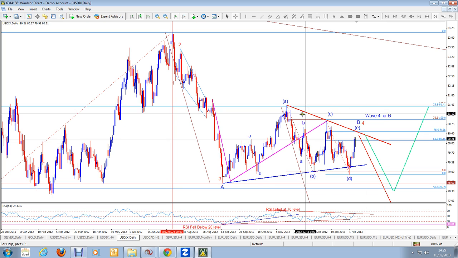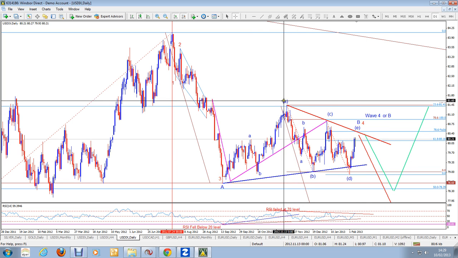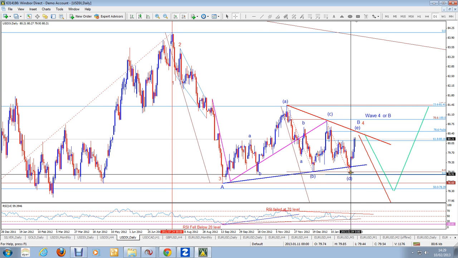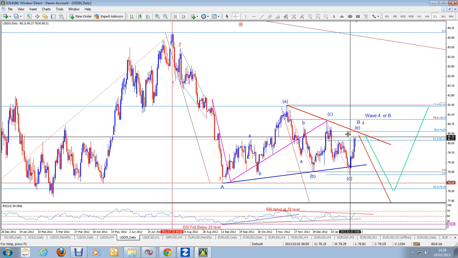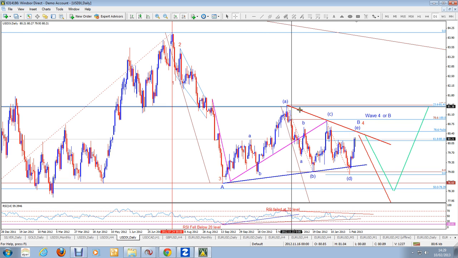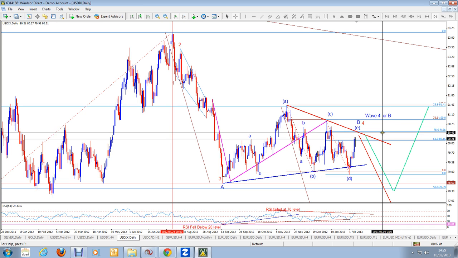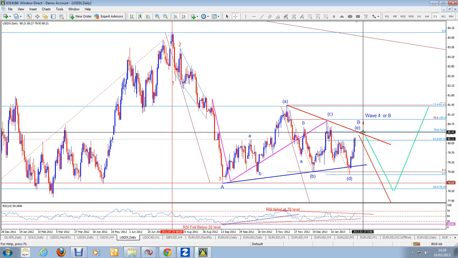So from this triangular basis we've got wave A, wave B, C, D and E, and in wave E we could possibly come up to something like 78.6, sorry, rather 80.5, which is the 78.6% retracement.